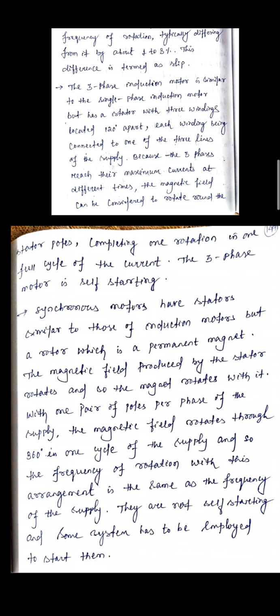What happens then, with one pair of poles per phase of the supply, the magnetic field rotates through 360 degrees in one cycle of the supply, and so the frequency of rotation with this arrangement is the same as the frequency of the supply.